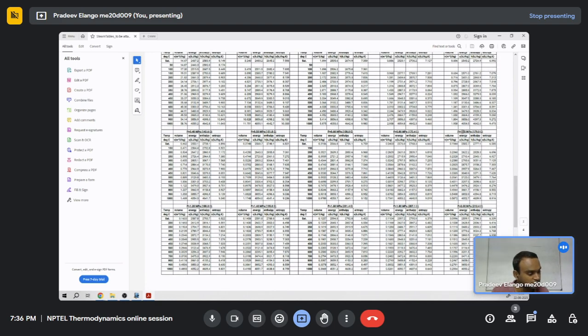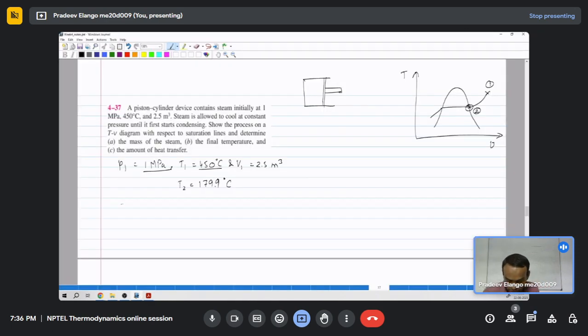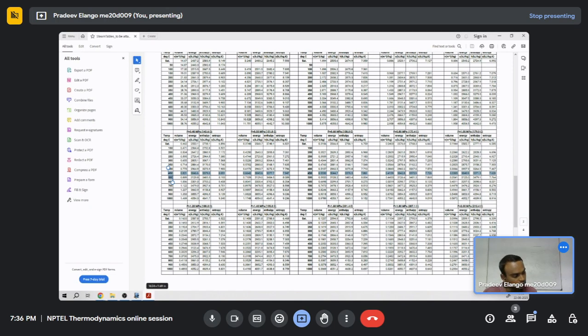For 1 megapascal here it is, and temperature is on this axis. So we are interested in 450 degrees Celsius and the specific volume is given as 0.3305 meter cube per kg, and the enthalpy is 3371.3.